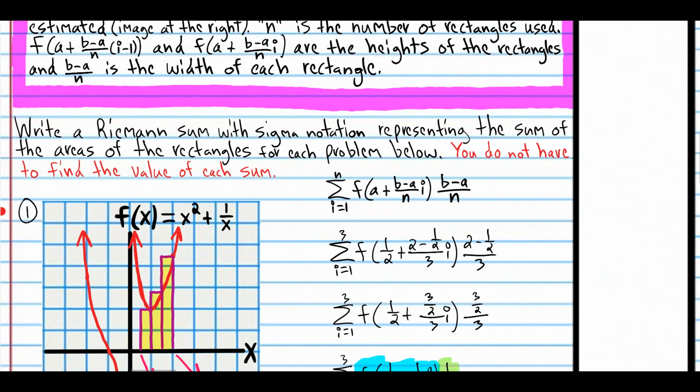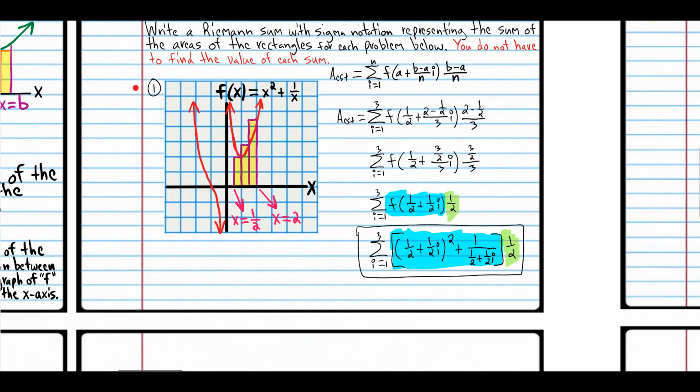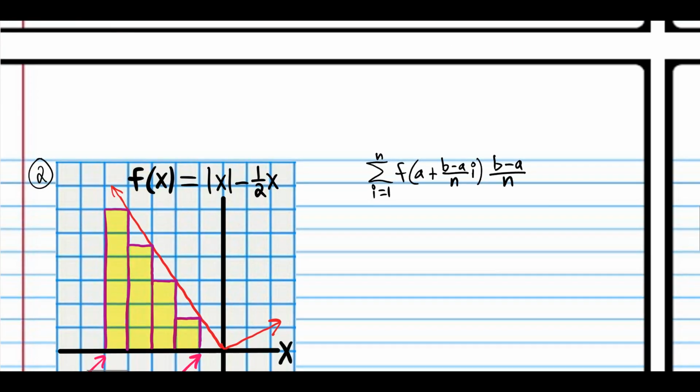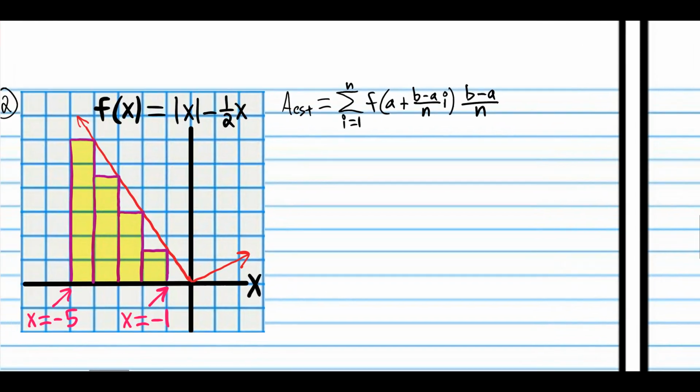And by the way, I probably should say estimated area is equal to that. You don't have to do that, but we just want to be clear what we're finding.